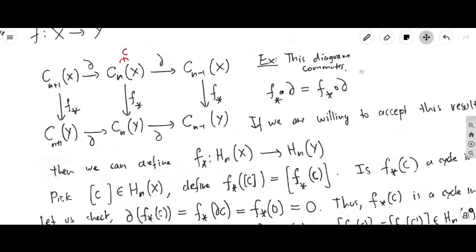Again, there are 4 different f stars going on, but this f star is derived from that one, so you're just applying the other one. And this one is a group homomorphism by construction. So if you have f star of a sum, that would be the other f star of a sum, but that becomes the sum of the 2 individual f stars. So we do not even have to bother to check that.